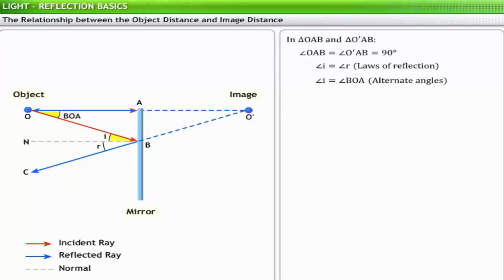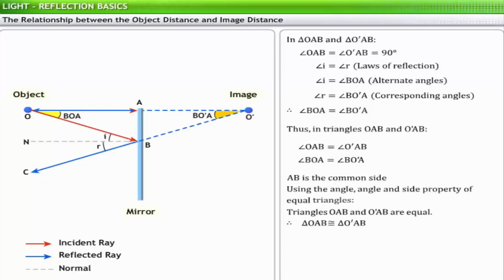Angles in similar locations with respect to a transversal on two parallel lines are called corresponding angles and are always equal. Here, angle NBC and angle BO'A are corresponding angles. Therefore, angle R is equal to angle BO'A. Therefore, angle BOA is equal to angle BO'A.